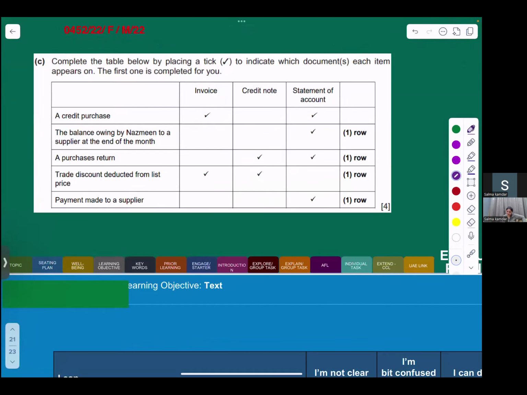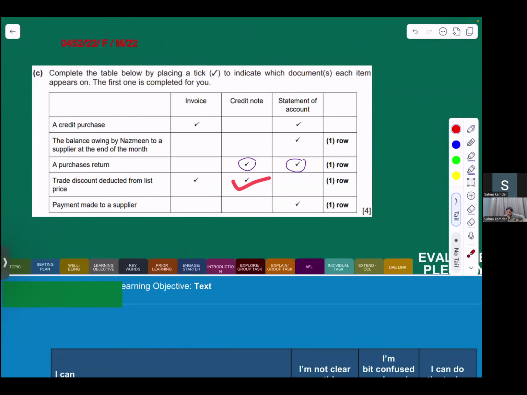So this is the marking scheme which says 1 a row. So if you do the entire row correct, you would get 1. So if you forget to put a tick, your 1 is gone. Now trade discount that is deducted from the list price would also come in the invoice and would also come in the credit note.